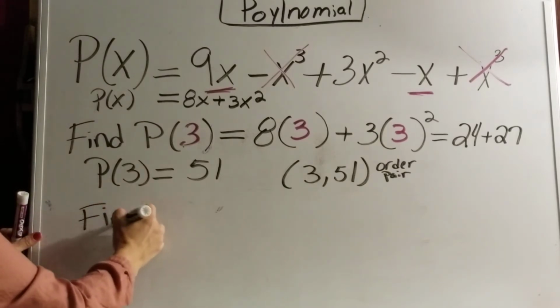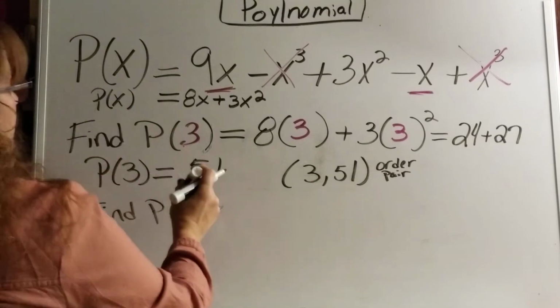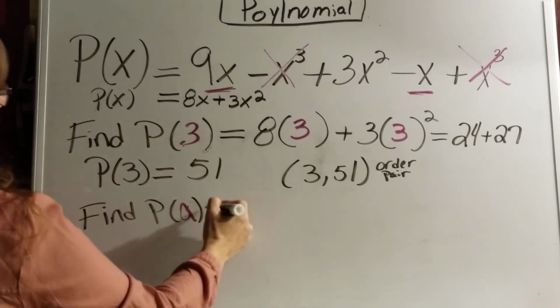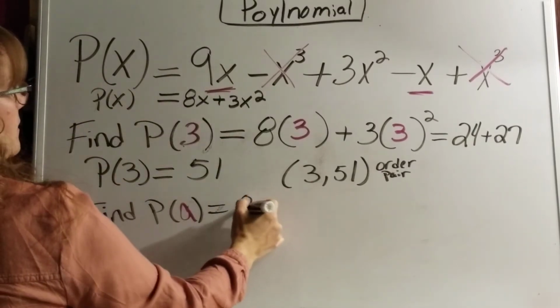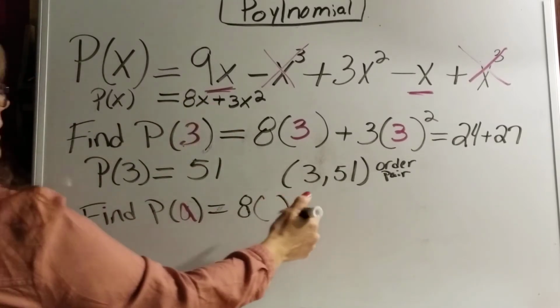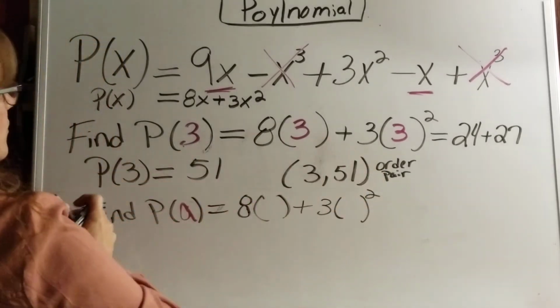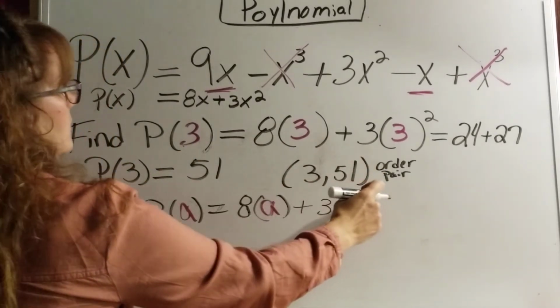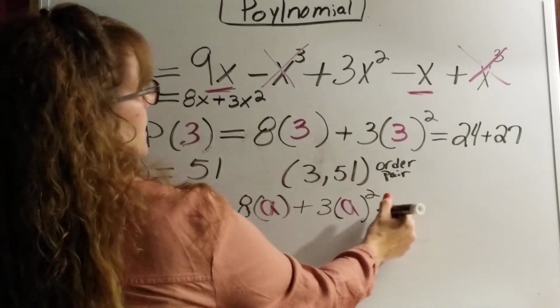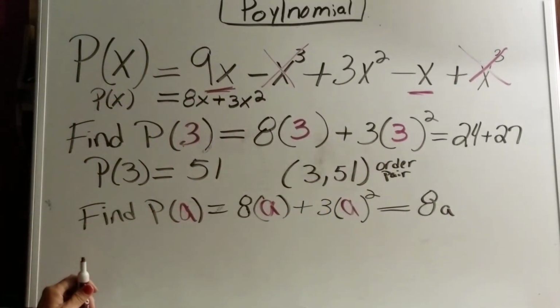The next one said let's find when x is a. So I'm going to take this 8, and in the place of 8 times x, I'm going to put a for x, everywhere I see x. So 8 times a is just 8a, because we do not know the value of a.